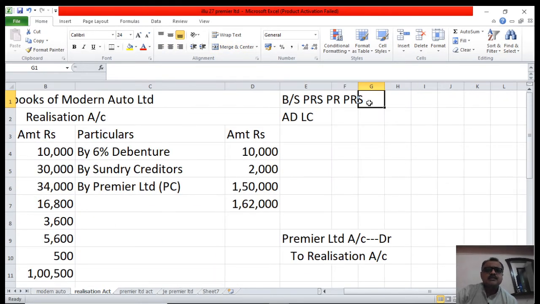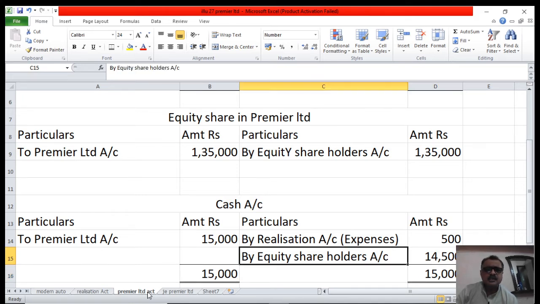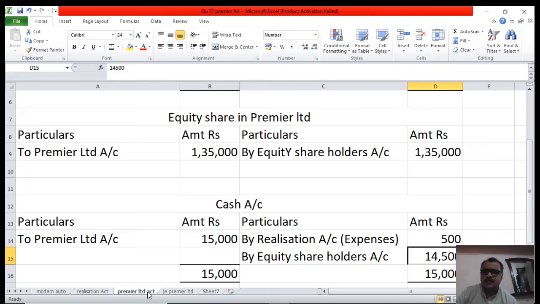Then finally S stands for settlement of equity shareholder. Now in settlement of equity shareholder, whatever is the cash balance, that we will give to the equity shareholder. So heavier total on both sides, 15,000, 15,000, balance comes to 14,500. So this will be given to equity shareholder, by equity shareholder 14,500.